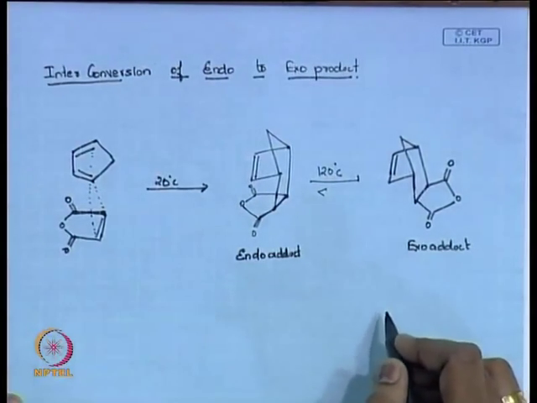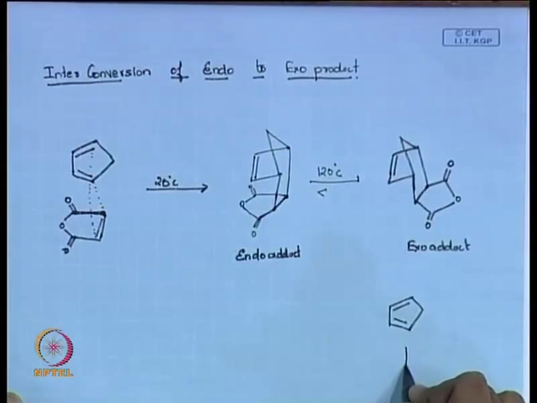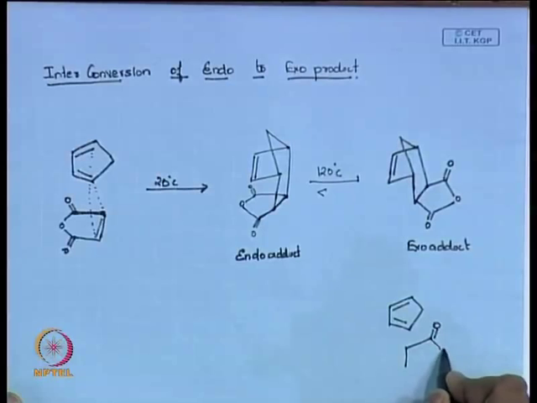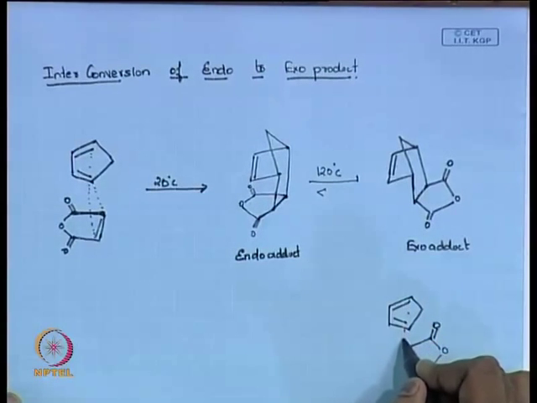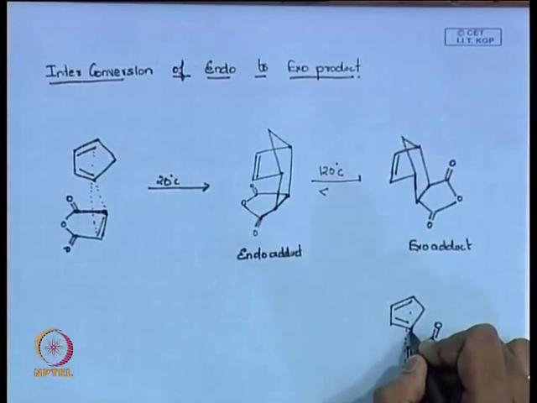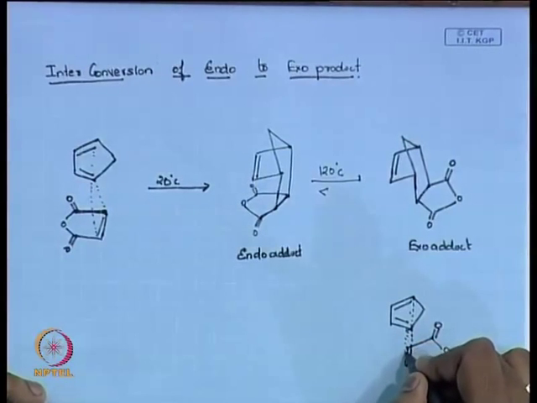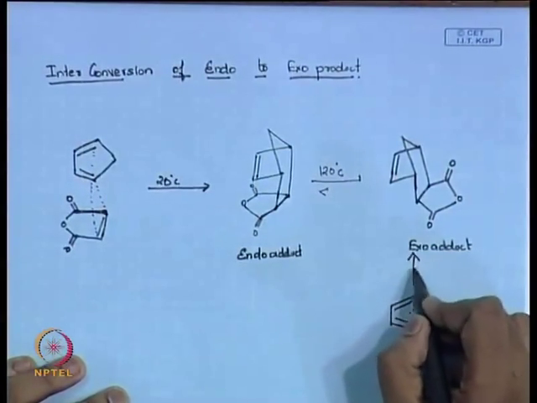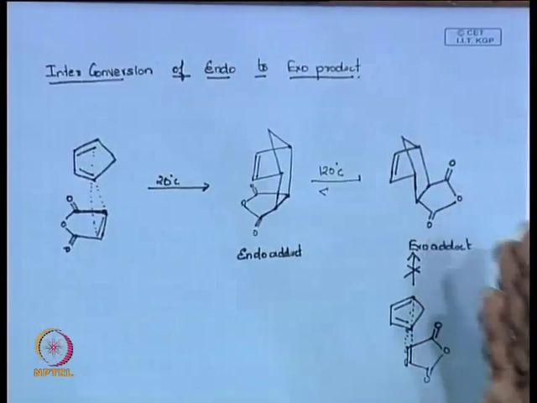But for the same reaction, if I take my cyclopentadiene with maleic anhydride and do the reaction, I never get my exo adduct directly.